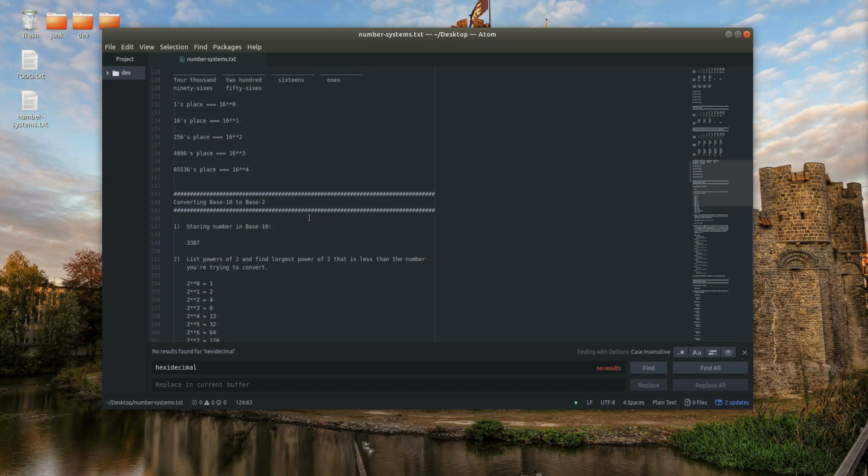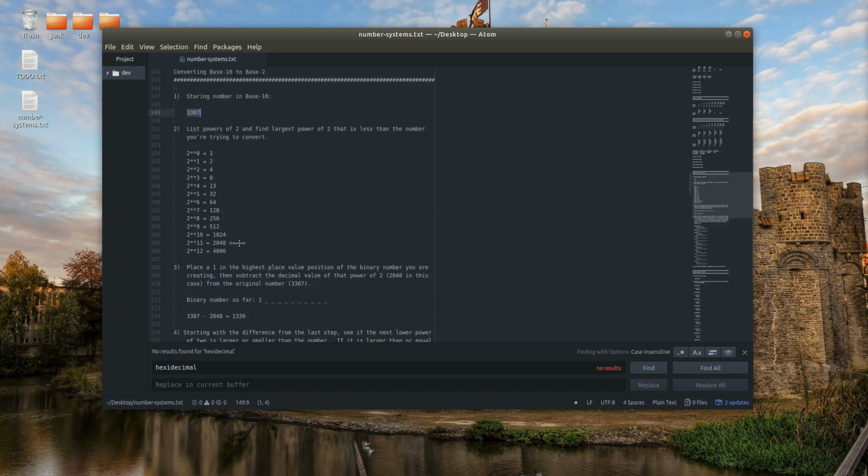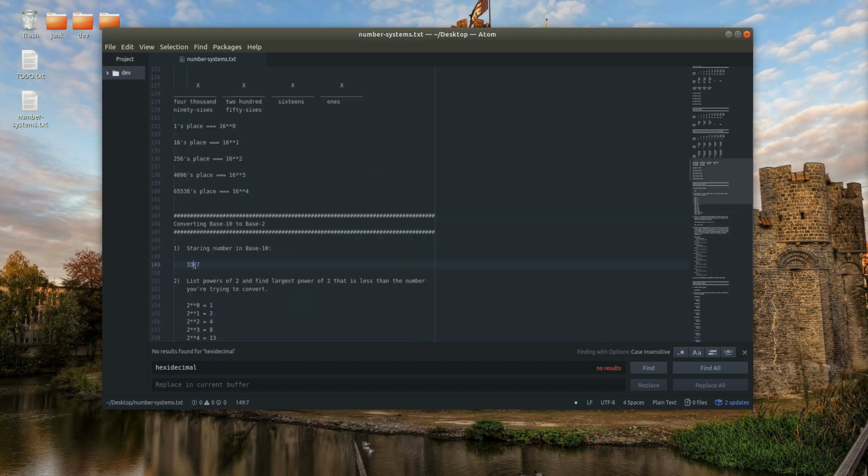Okay. So converting from base 10 to base 2. Let's pick a starting number. I picked this because there's a lot of different steps in it, and you can see how much more concise the decimal system is than the binary system. The binary system is going to produce a number about this long, like 11 digits.